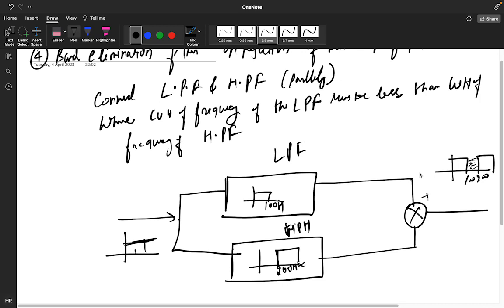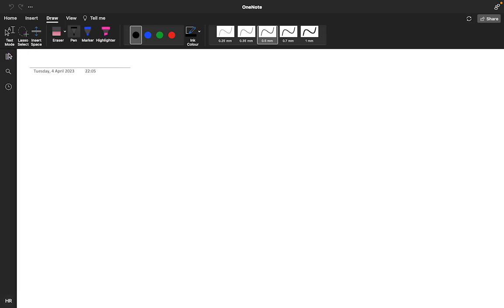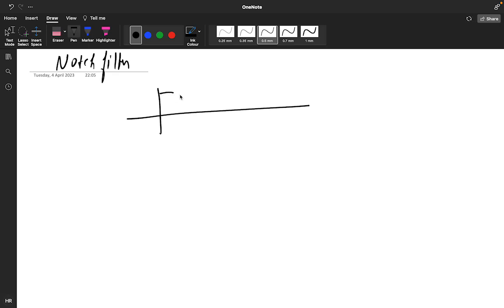And there is another filter known as the notch filter. Notch filter is like this, you will get. Let's see. A notch filter is like a band reject filter only, but it will give you a narrow result.